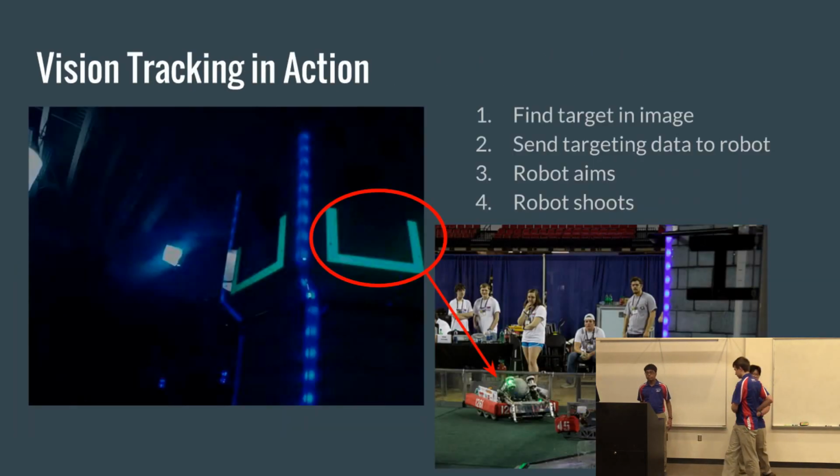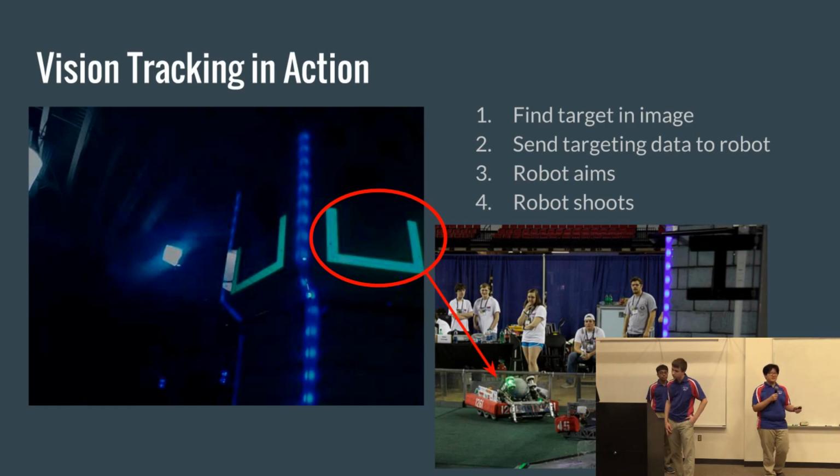So in order to actually implement that vision processing into the game, these are the general steps that we knew we had to take. So the first one is we needed to find the target in an image. The camera is going to give us a particular frame, and we have to say, how do we find that object, and how do we get the useful data out of it? So once we get that useful data, we need to somehow figure out how to transmit that data to the actual robot.